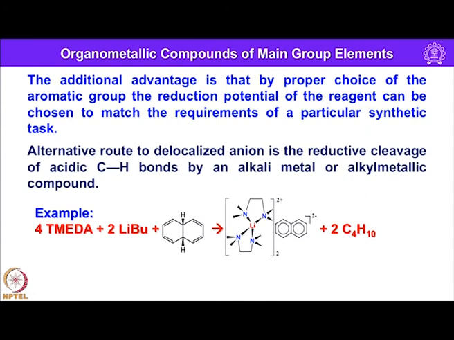An alternate route to delocalize the anion is the reductive cleavage of acidic CH bonds by an alkali metal or alkyl metallic compound. So, here you can see butyl lithium treated with 4 equivalents of TMEDA, in the presence of naphthalide, forms a compound of this type. So, one can also conveniently use this as a source of lithium.